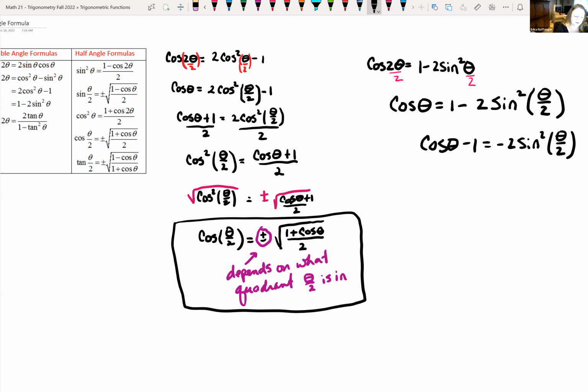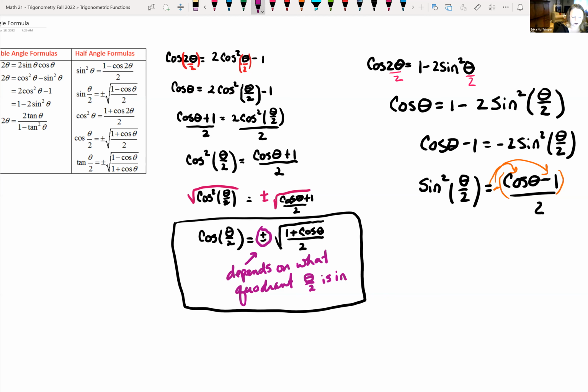Dividing through by -2, we get sine squared theta over 2 is equal to, since we're dividing by a negative, let's change the signs in our numerator. Let me show you how to do that. We have cosine theta minus 1 all over -2. We're pulling that negative out front that's in the denominator and distributing it to each term in our numerator instead.